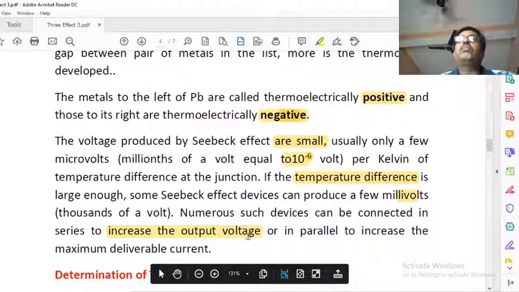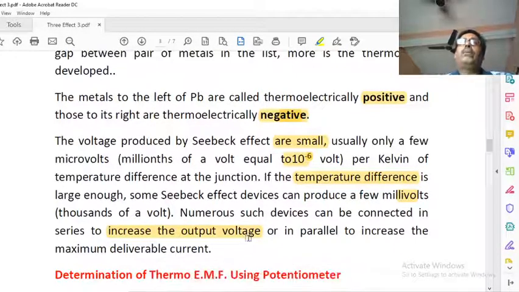You might be thinking, what is the use of this thermocouple, when there is no current or voltage so high that it can be used for commercial purposes. Yes, I agree.